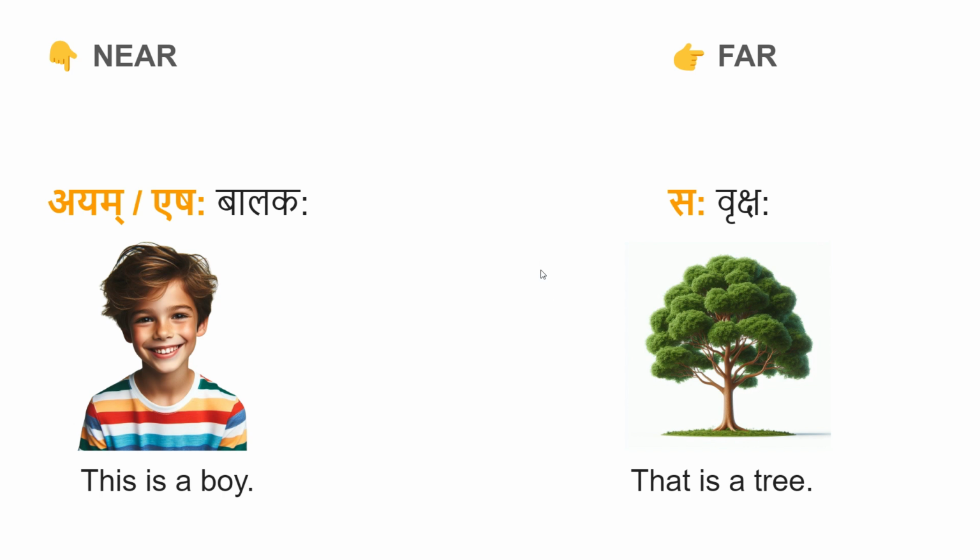It is actually the noun form that matters. Now, vrikshaha is considered to be a male gender noun in Sanskrit. So that's why it's saha vrikshaha. So Ayam balakaha, eshaha balakaha, and saha vrikshaha.